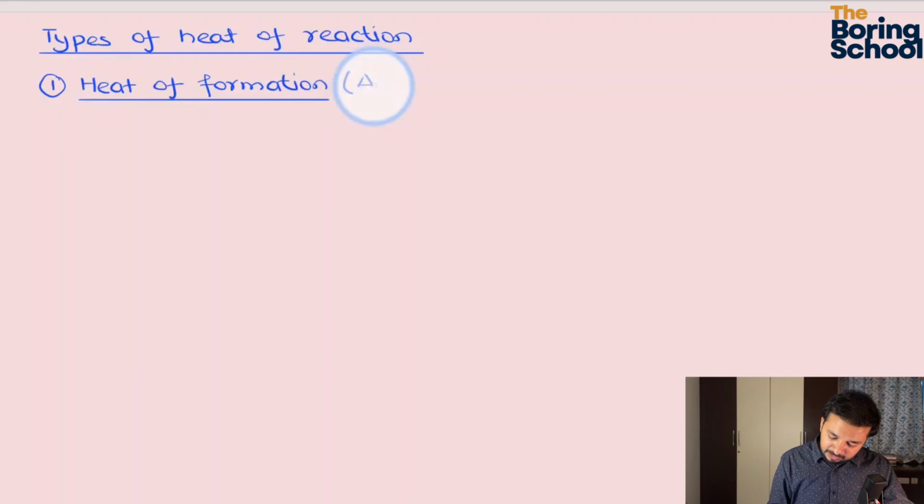So heat of formation is represented by delta H f, where f stands for formation. How do we define heat of formation?